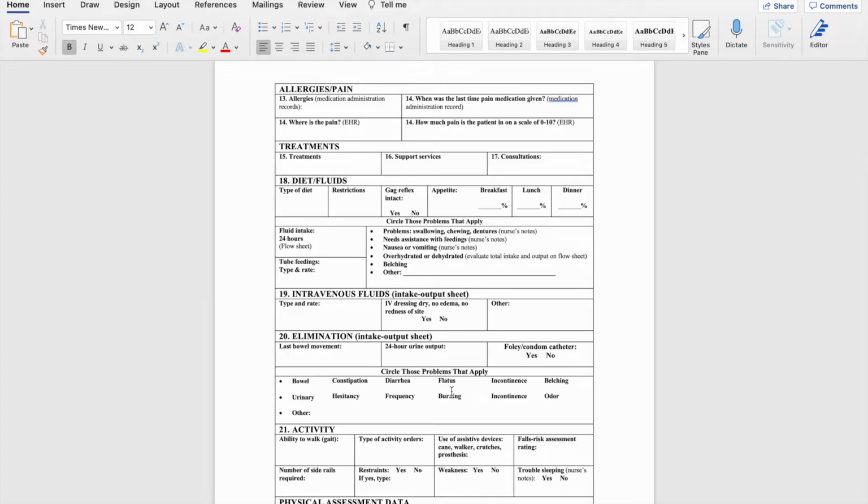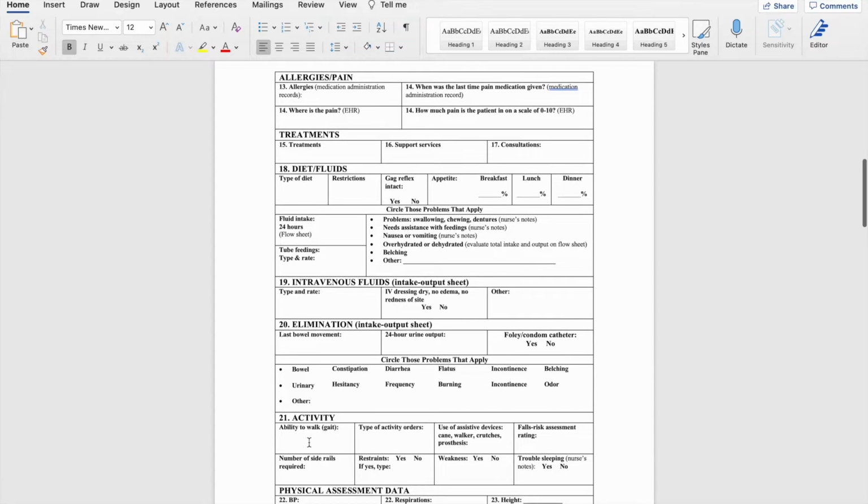When you're assessing your patients, you want to perform a head-to-toe assessment and note any issues or problems that they may have. So for constipation, you might want to ask, when was the last time you had a bowel movement? And if they said it was 2 days ago, that's something you want to keep in mind as a nursing student. Activity, that's also something that you can assess as a nursing student.